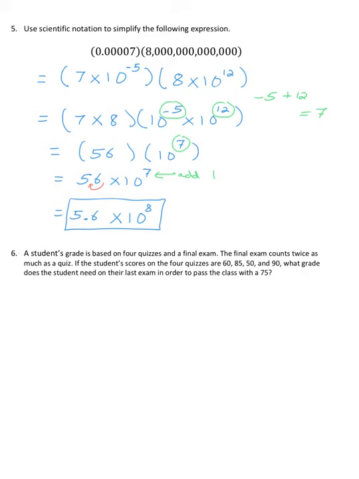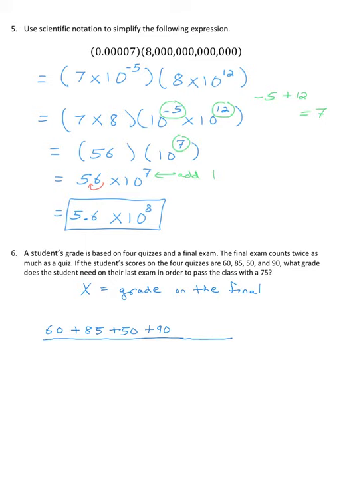I'm going to let X equal the grade on the final. And since we're talking about an average, here's how it works. We're going to add up their quiz grades, but you also have to add in what they get on the final before you start dividing by how many things that you have.